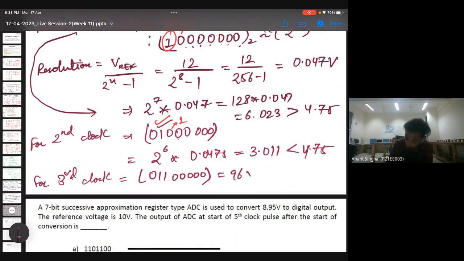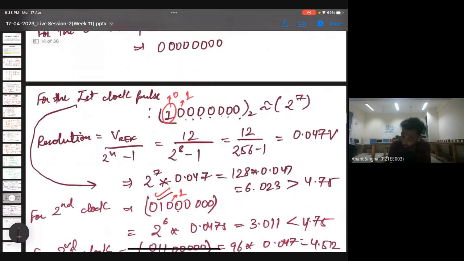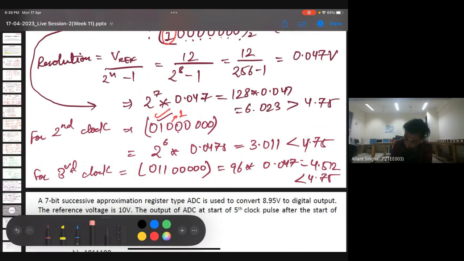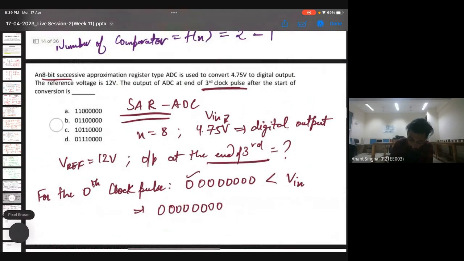It will be 96 into 0.047, which is 4.512, and the given is 4.75. So it is still less than 4.75. So we'll also keep this one. So the final output at the end of the third will be 0 1 1 0 0 0 0 0, which is option B.